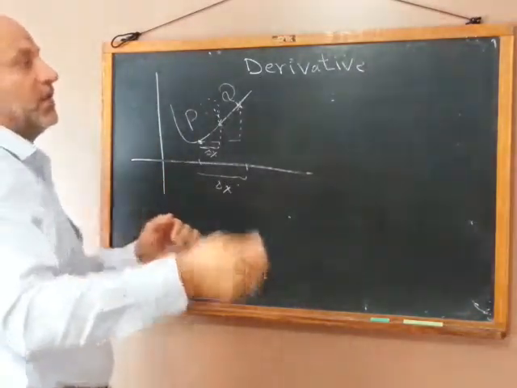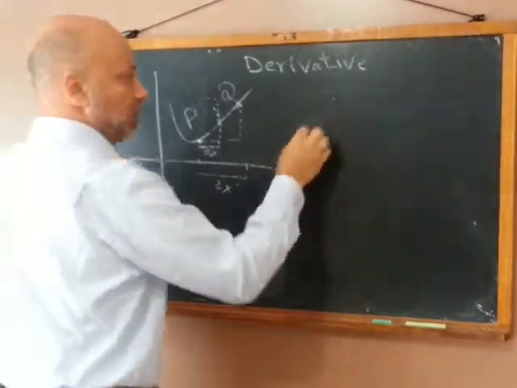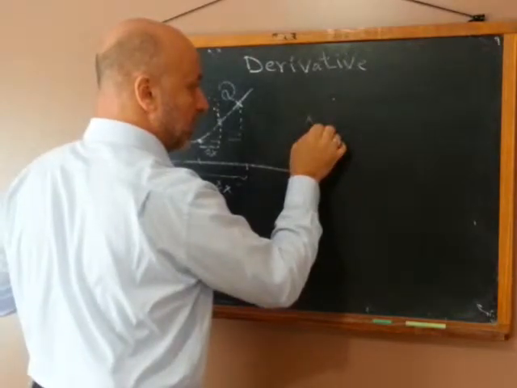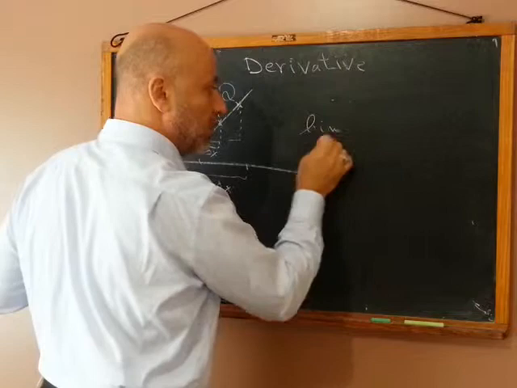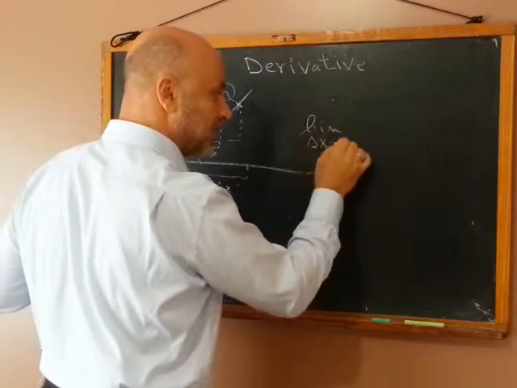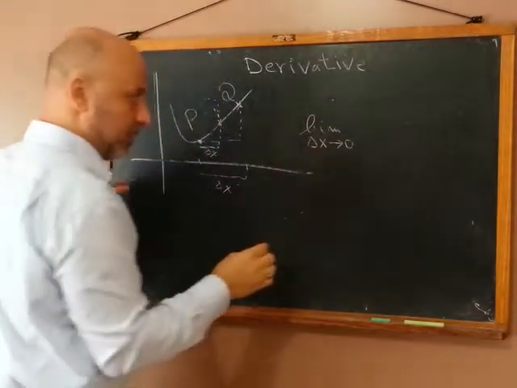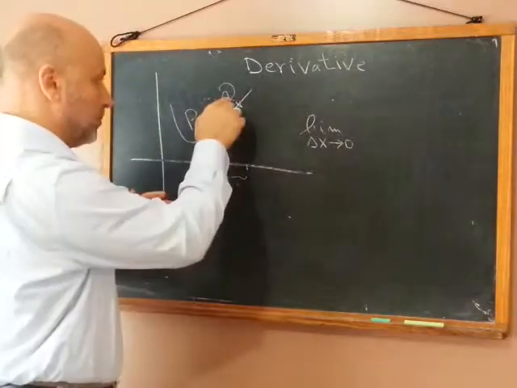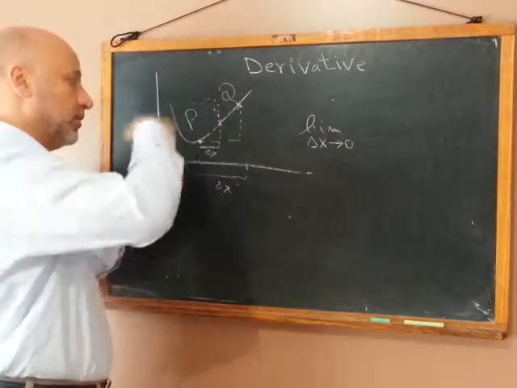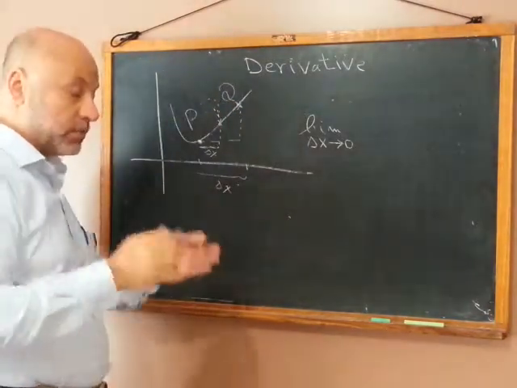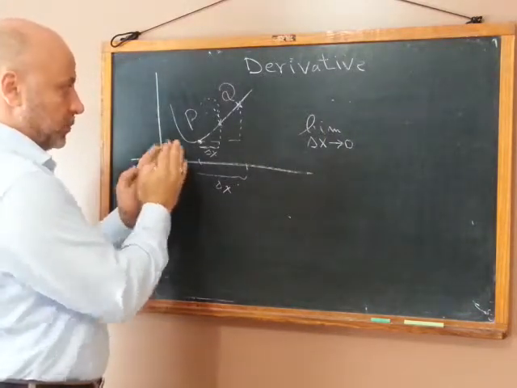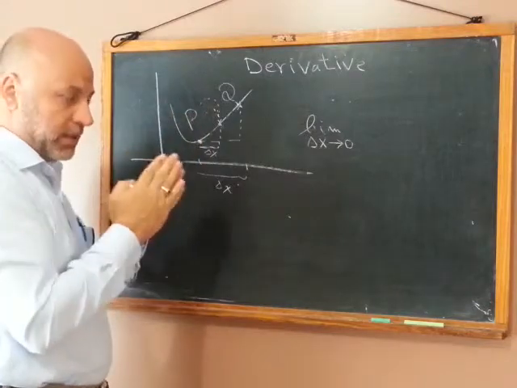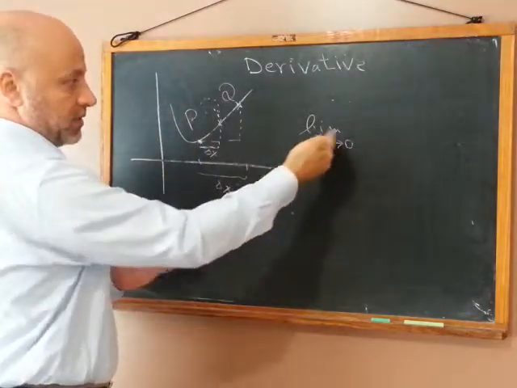And in that case we need the concept of the limit. We say the limit of delta x is 0. It means delta x is not 0. Point Q won't be on point P itself, but it will be very close to it. Practically the distance between P and Q will be really, really small. That's the concept of the limit.